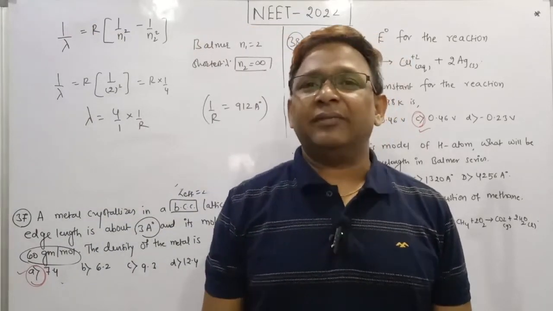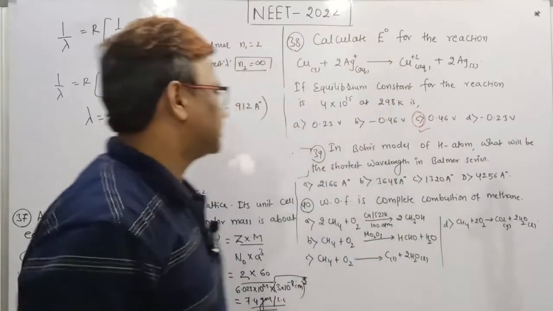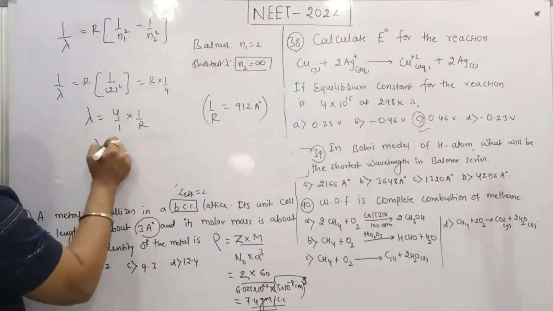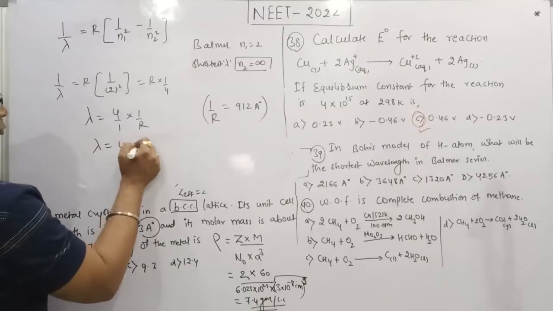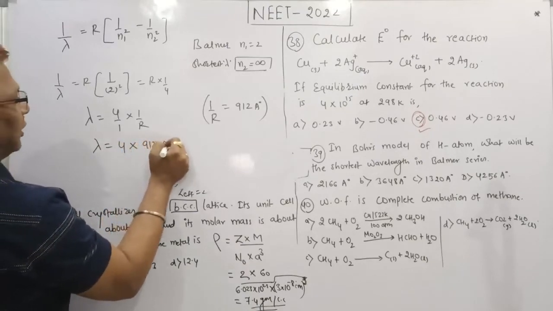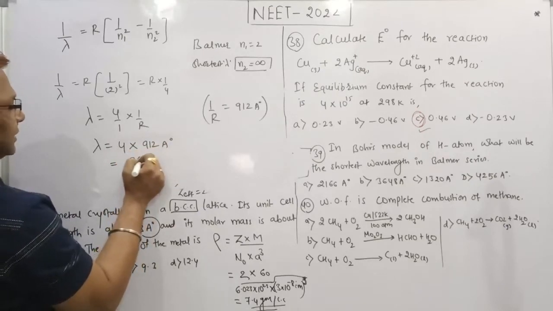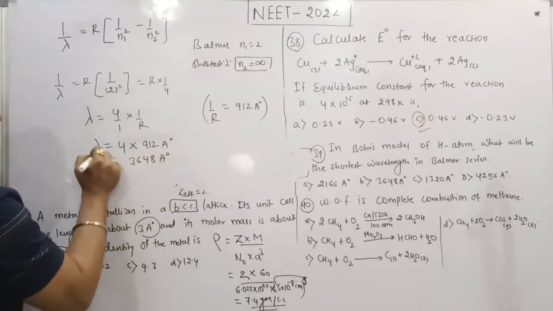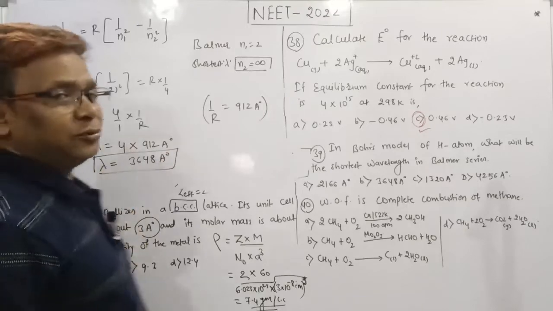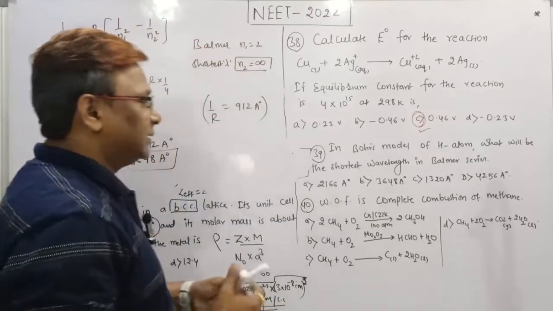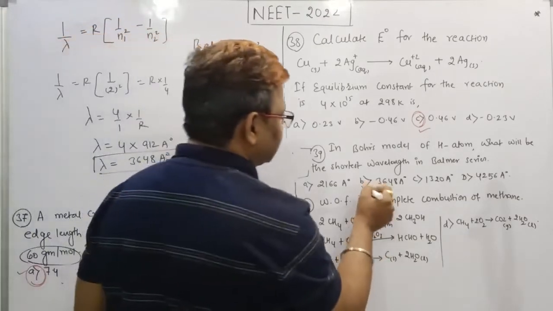Instead of that, 1 by R is 912 Armstrong. Then put here: wavelength equal to 4 into 912 Armstrong. It becomes 4 2s are 8, 4 9s are 36, so wavelength is equal to 3648 Armstrong. You can see this is there in option B, the second one.